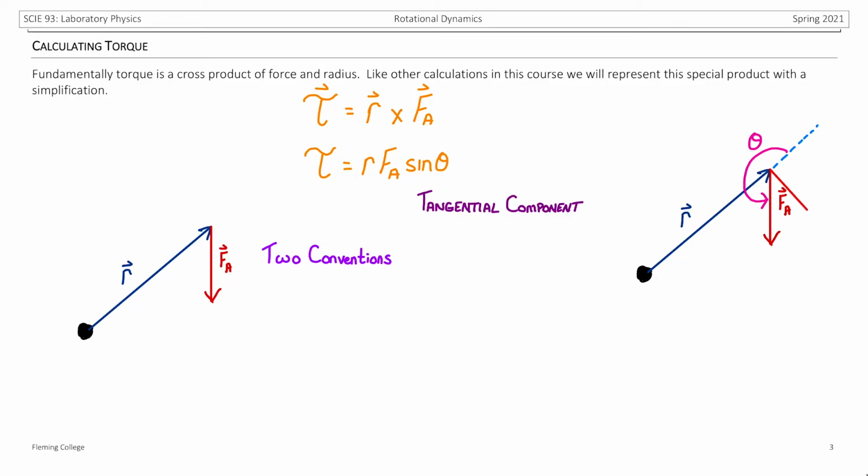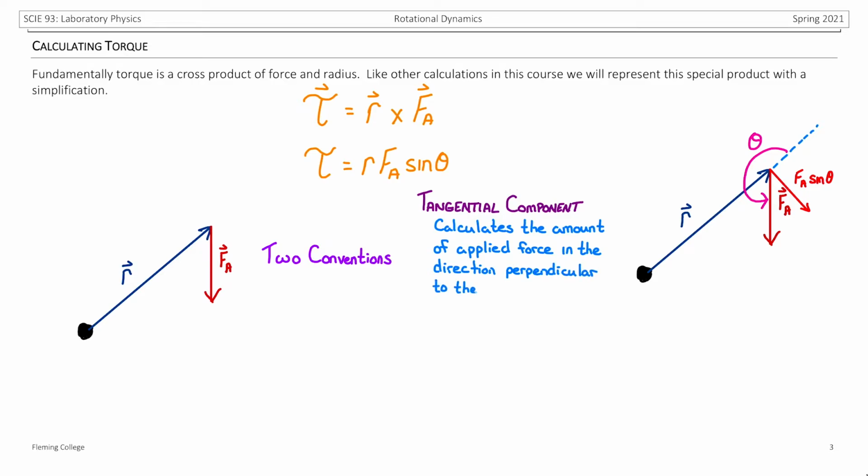This means that when you calculate F, the force applied, times the sine of that angle theta, you are getting the component of force that is perpendicular to the radius vector. Hence the term, the tangential component, and this is the tangential component of the force applied.